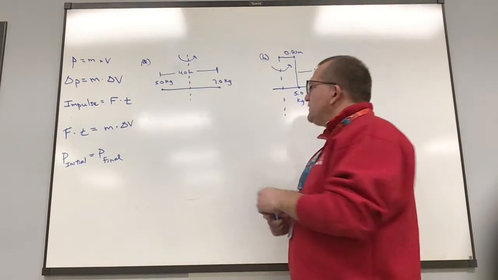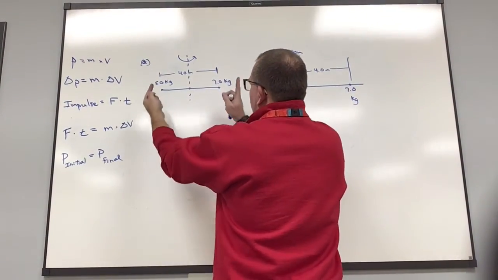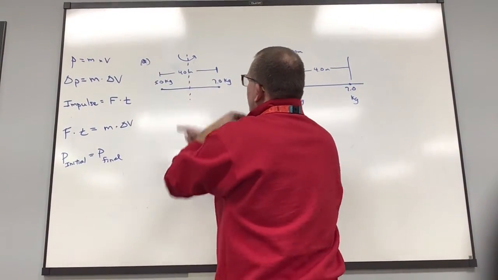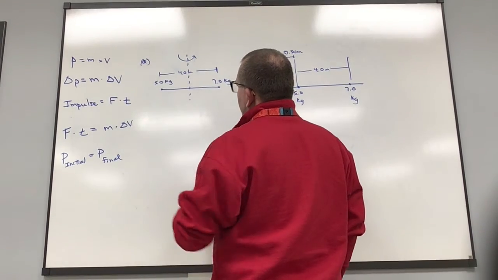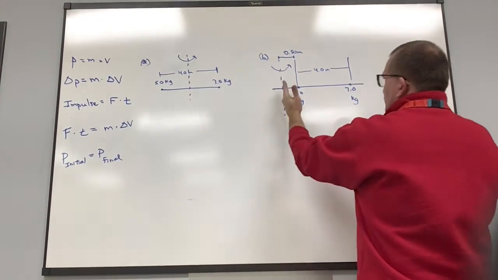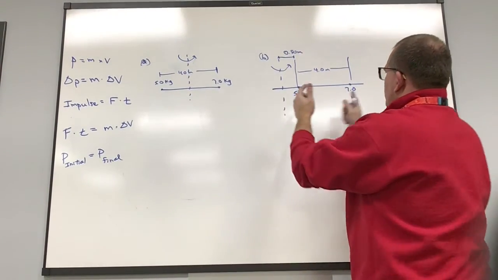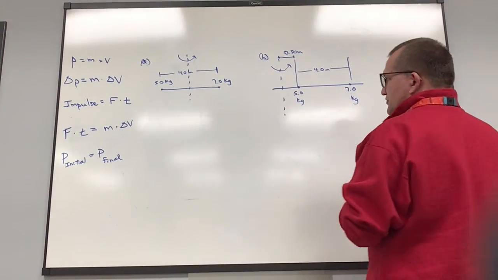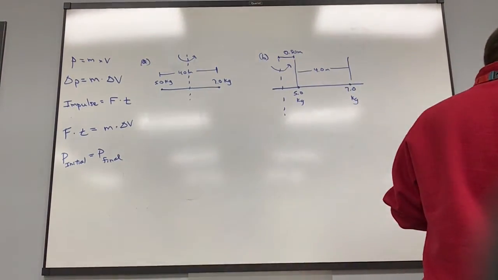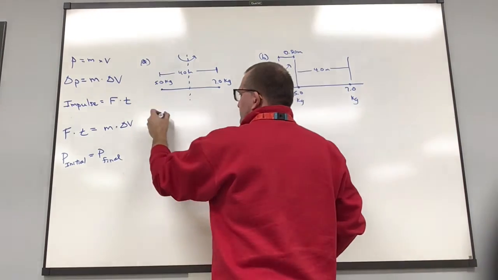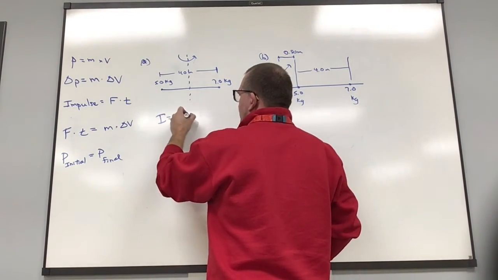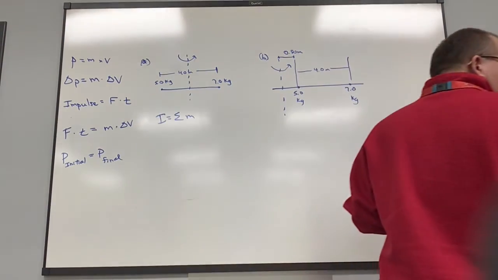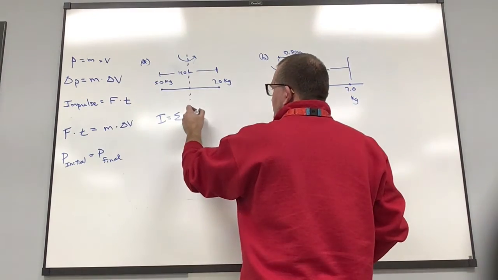So find the moment of inertia for two situations. We have this bar swinging this way, and we're doing it from the center. Here we're swinging around this way with the longer end here, and we have some measurements. But we want to find the moment of inertia based on the weights. So essentially the moment of inertia is the sum of the mass times the radius or distance squared.